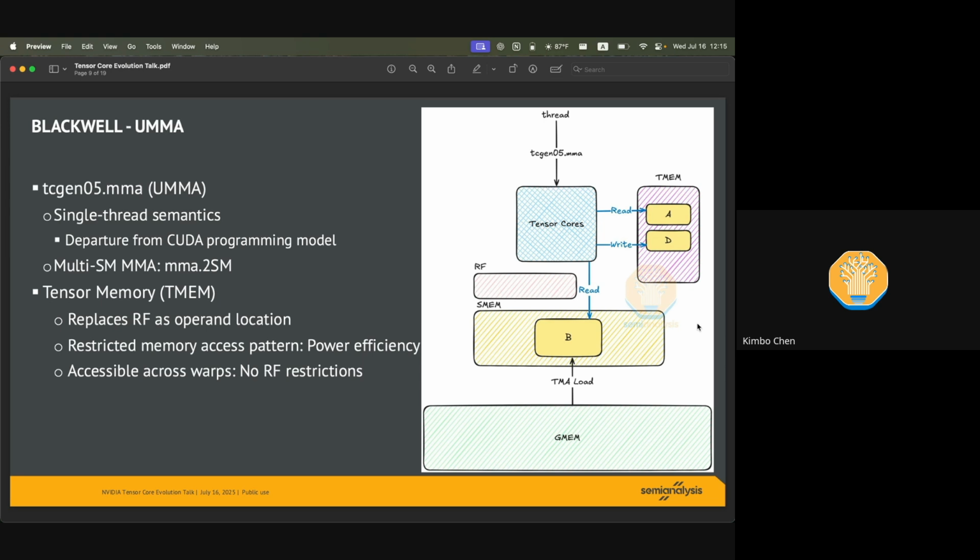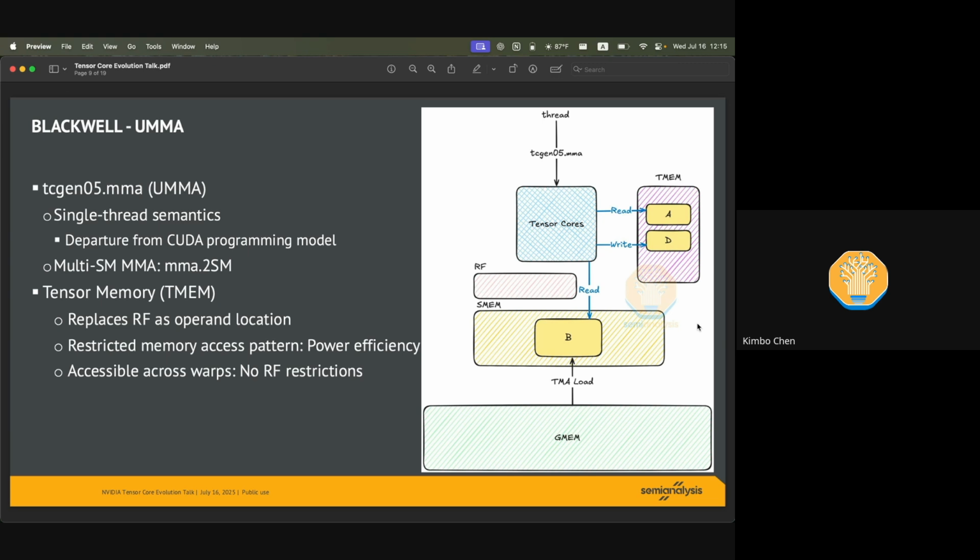Another important feature of TMEM is that, again, a departure from the CUDA programming model, where each thread holds a specific set of registers, TMEM's memory can be accessible across different warps, meaning that I can use one warp to load data into TMEM, but later use another warp to store data from TMEM.